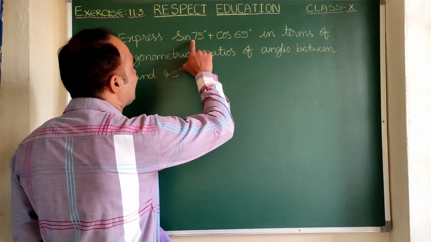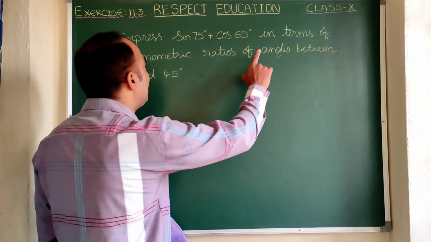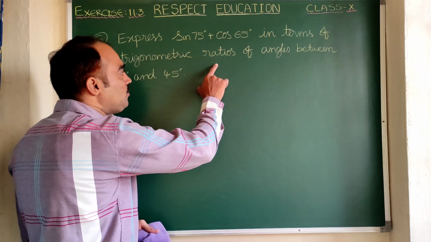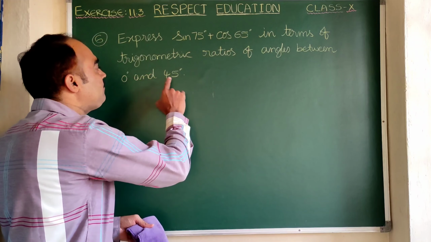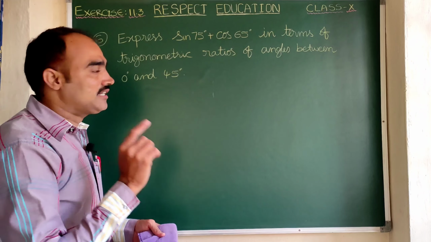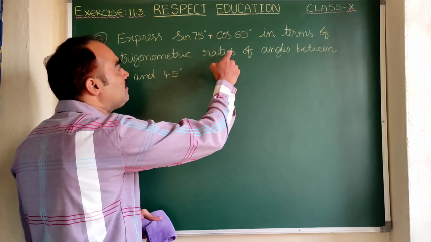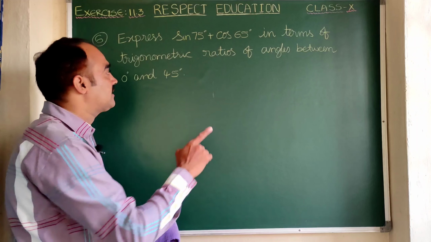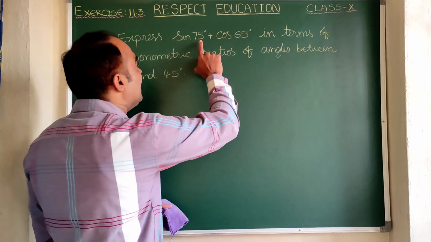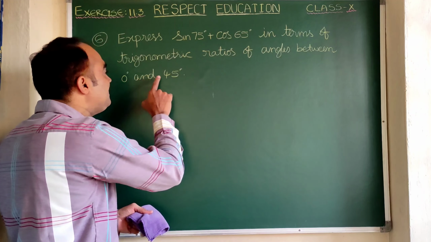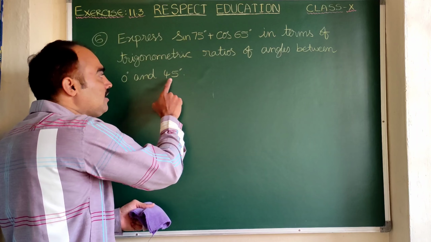Express sin 75 degrees plus cos 65 degrees in terms of trigonometric ratios of the angles between 0 degrees and 45 degrees. Here you understand the question that we need to express the given value in terms of trigonometric ratios. But the question is that these angles are to be in between 0 and 45. See, 75, is it in between 0 and 45?